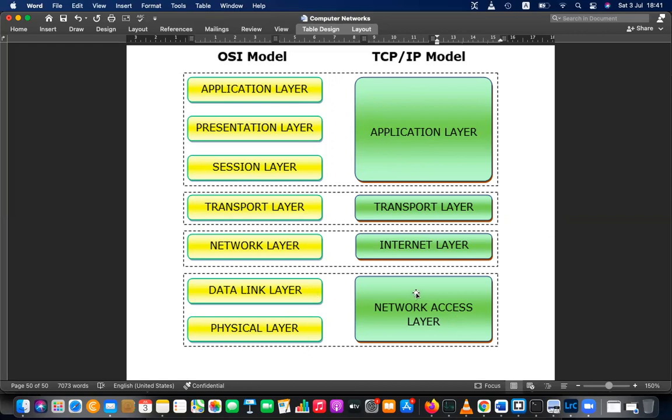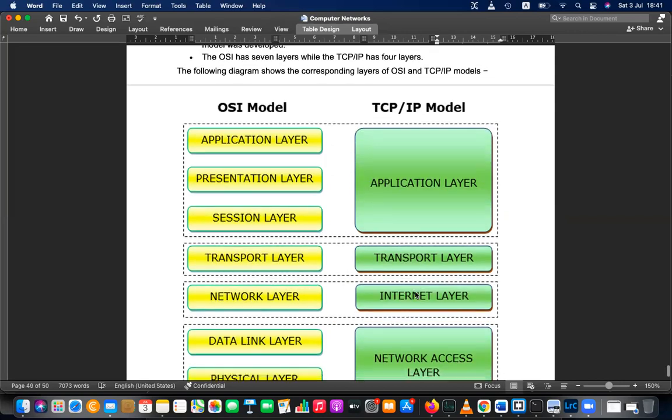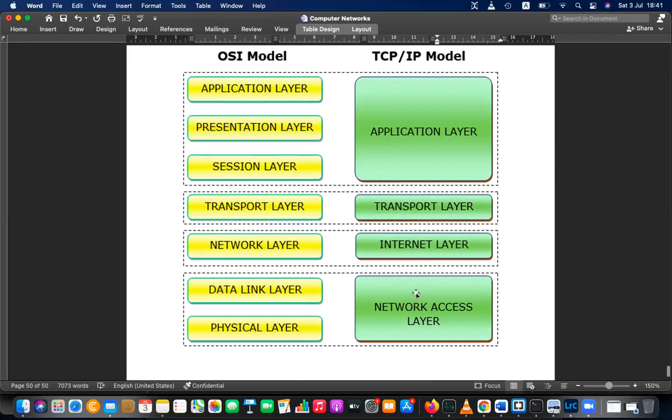Okay, shall we write down the heading: TCP IP versus OSI model? Please write down the heading TCP IP model versus ISO OSI model. Then please draw this diagram and show the mapping. This is important. This might be in the examination.